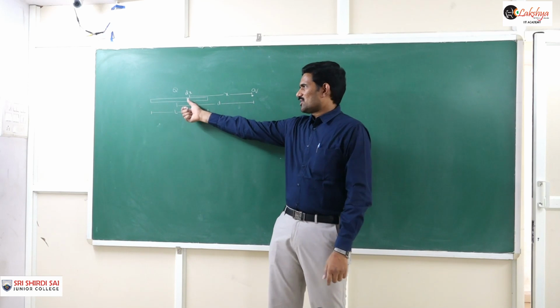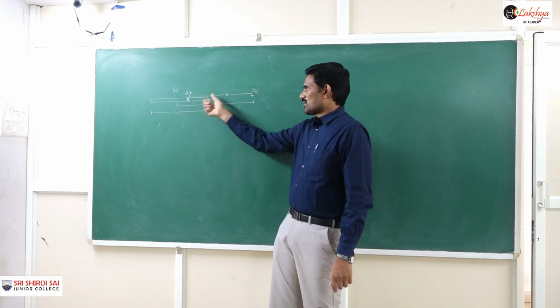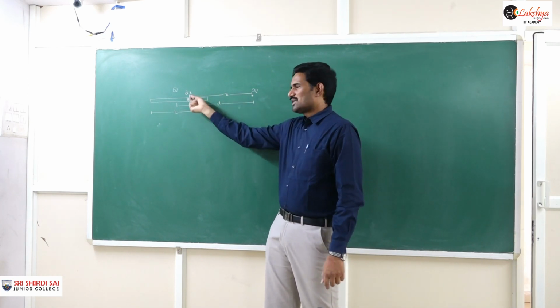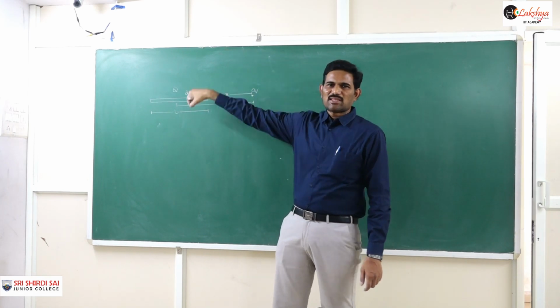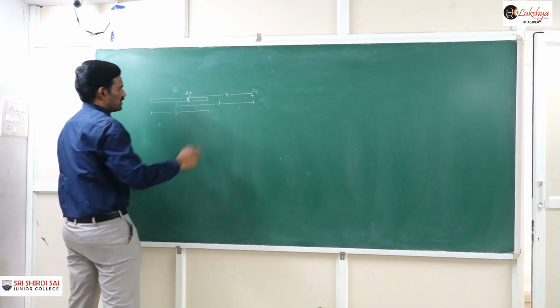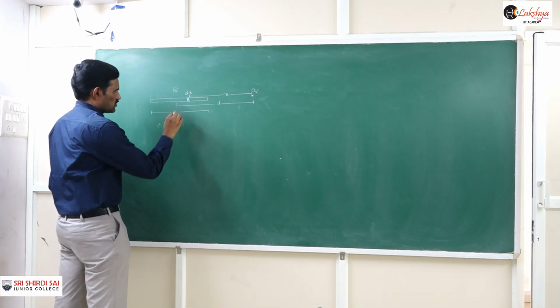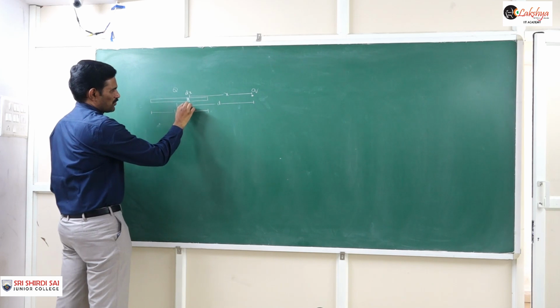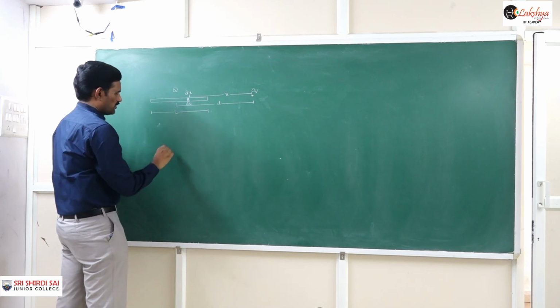So here we are taking a very small element such that when compared to this x, this dx is very small, so that we can take that as a point charge and apply the Coulomb's law between that element and that point charge. So for that, first I am writing the charge present on this element. Let it be dq.